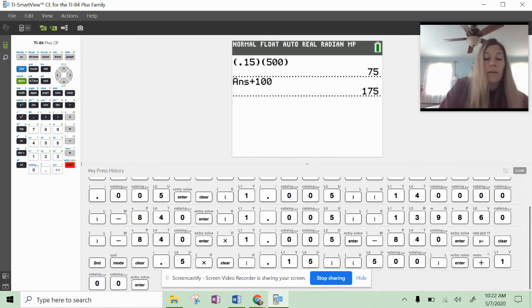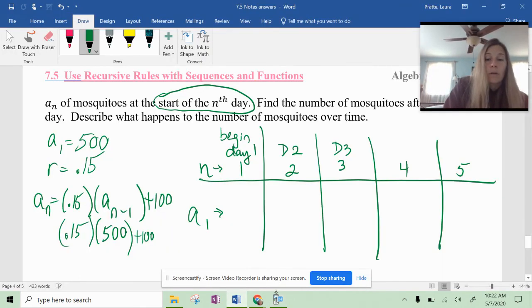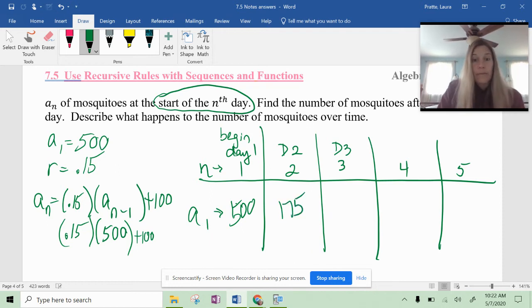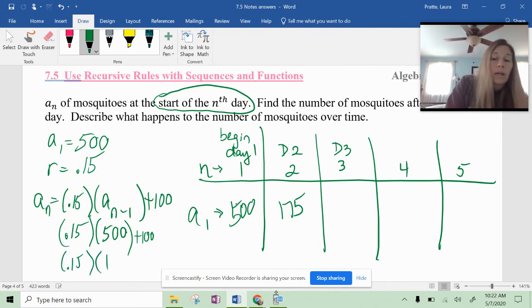So you have 175. Now at the beginning of day 1, we had 500. So at the beginning of day 2, we have 175. So a sub 1 was already given to us, so we just had to start out finding a sub 2. So now we're going to use the 175. So we're going to do 0.15 times 175 plus 100.